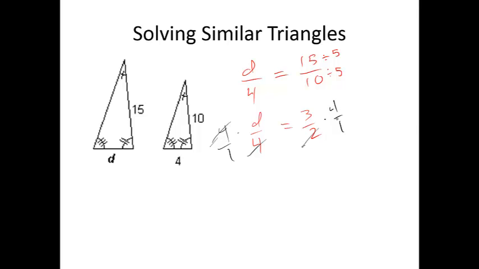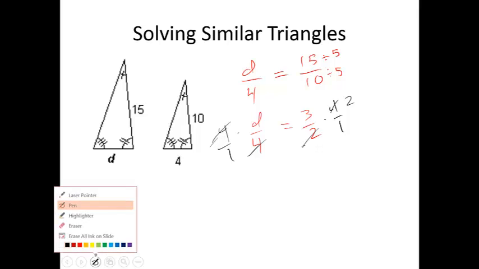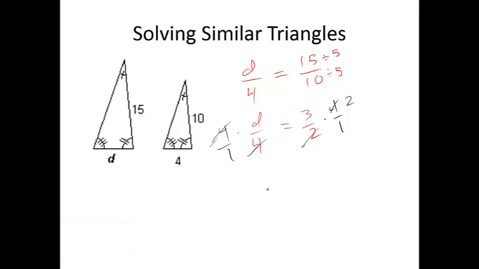And this is going to cancel out. And what happens is that I end up with the equation that d is equal to 6. Basically, the fact that these two are similar allowed me to write down an equation, which then allowed me to solve for d.